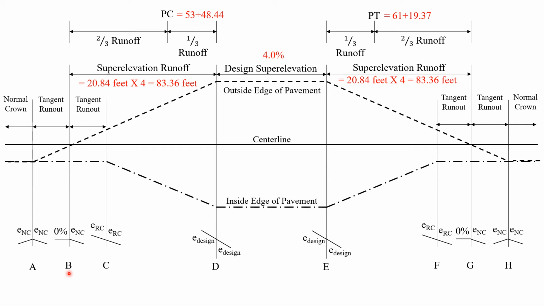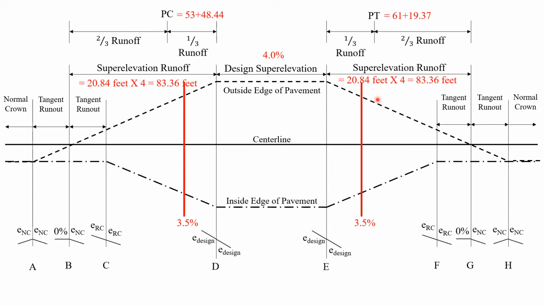The super elevation runoff, we were given that 1% change in cross slope is 20.84 feet. To go from adverse crown removed, which is point B, up to point D, which is our full design super elevation, that's going to be a 4% change. So 20.84 feet times 4 is 83.36 feet. We have that on both sides of the curve, so we have super elevation runoff, and those are equal on each side. It's a symmetrical, simple curve.